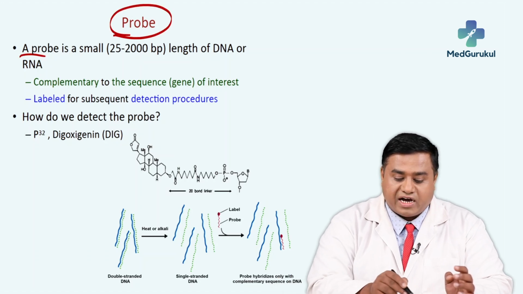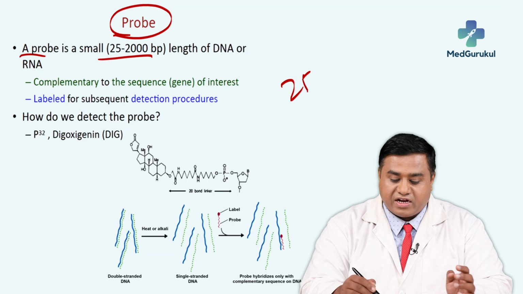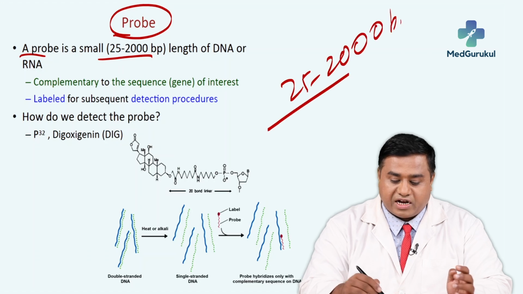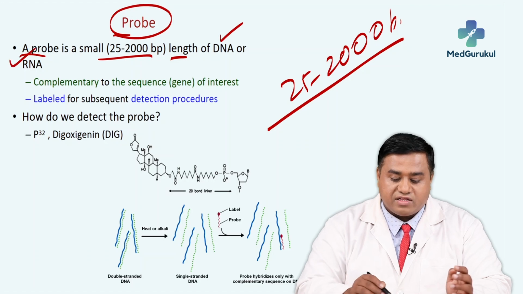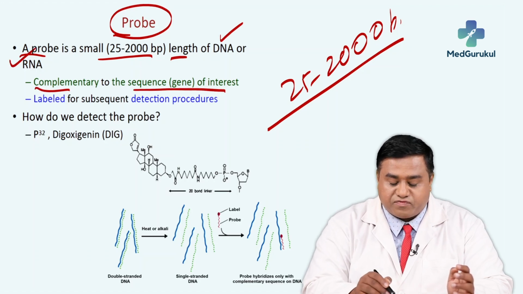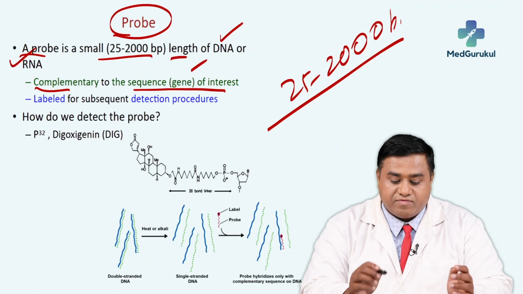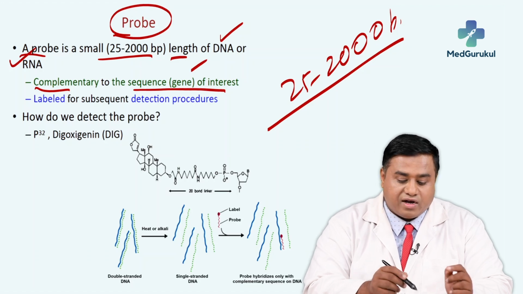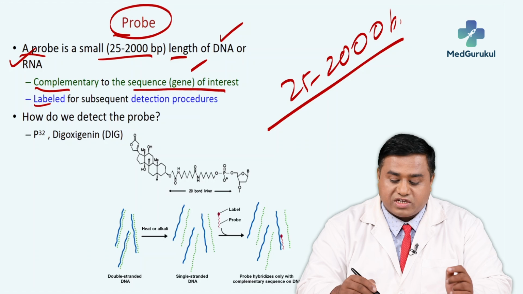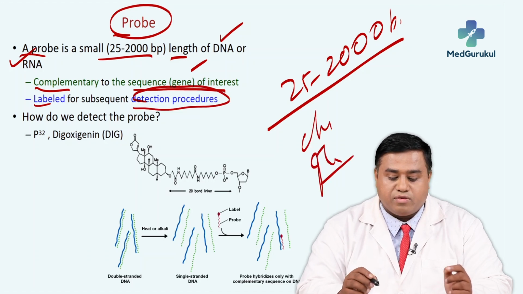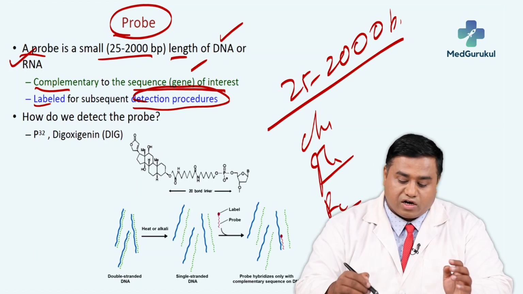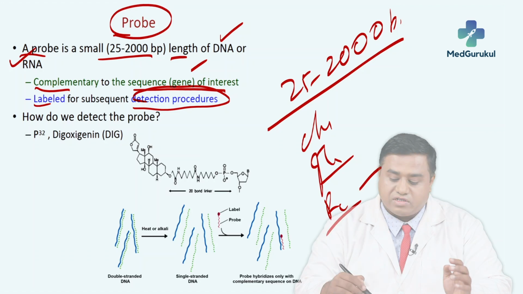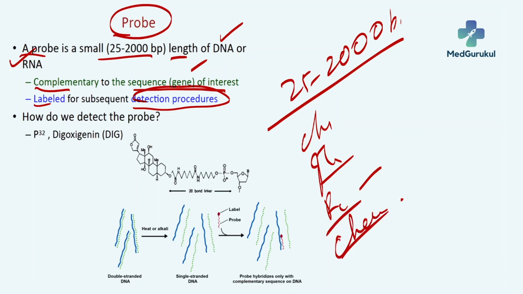These probes are small fragments of DNA or RNA, around 25 to 2000 base pairs in length. They are complementary to the sequence of the gene of interest, and they can be labeled with a chemical or fluorescent label and used for detection purposes. Initially we used radioactive probes. Now radioactive probes are mostly replaced by chemiluminescence probes.